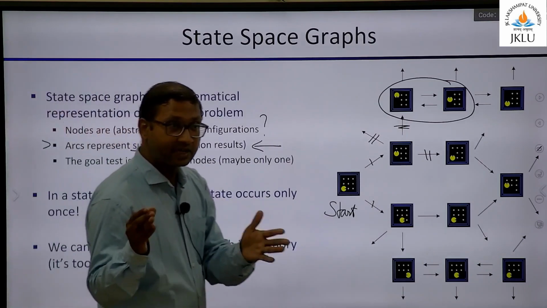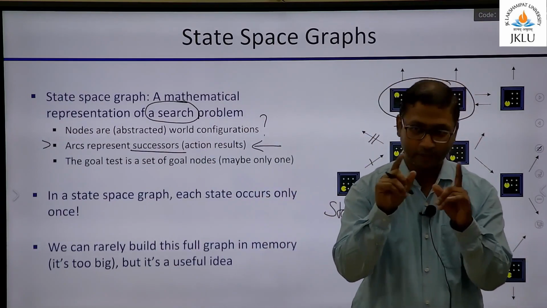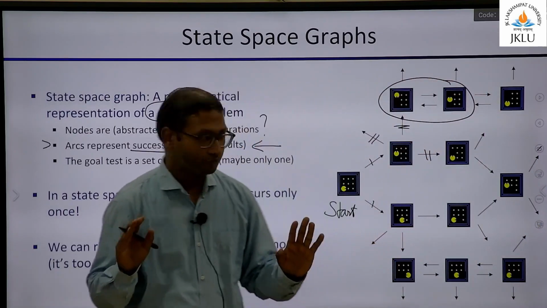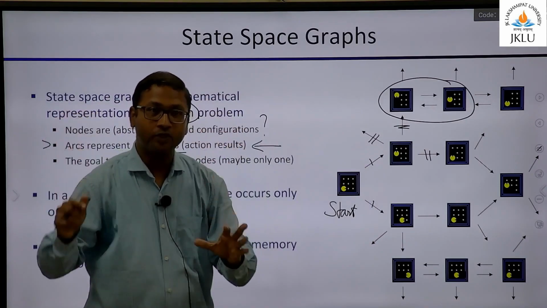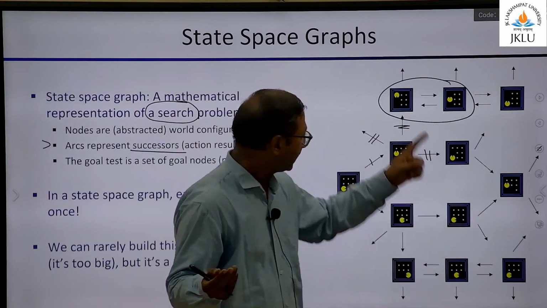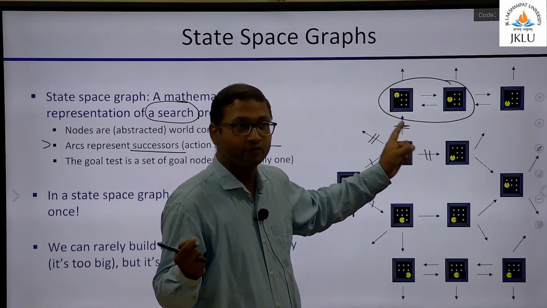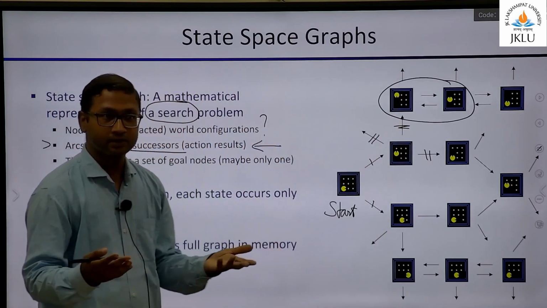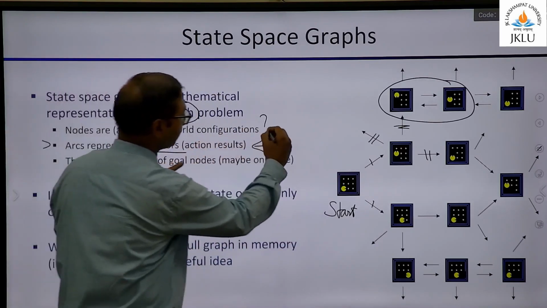Can you make such a graph where things repeat? Yes, you can. But is that desirable? No. Right? We would like to have a graph with each node as a unique configuration. And why do we want that? Making this is already super difficult and super memory intensive. We don't want to have multiple redundancy in our graph, right? What else? So is this fine?